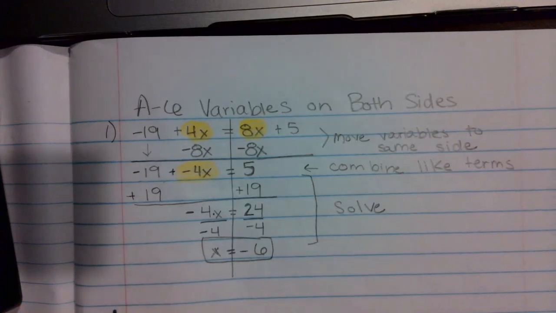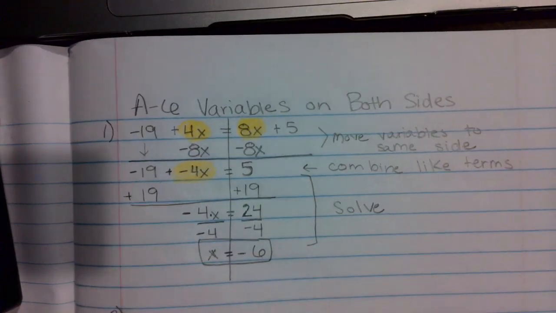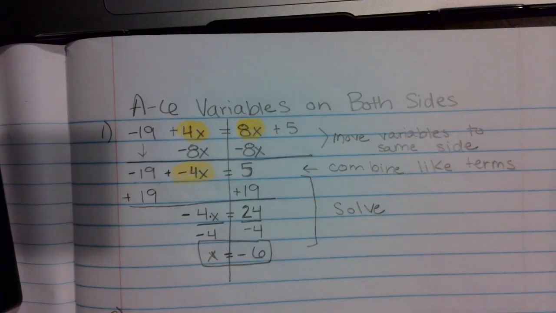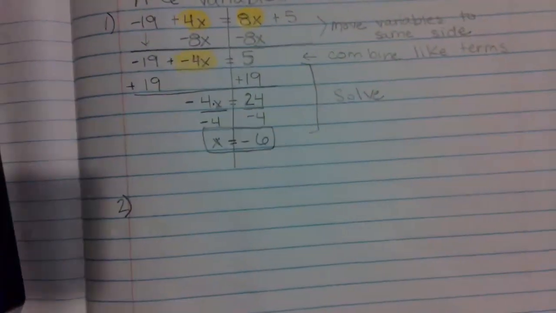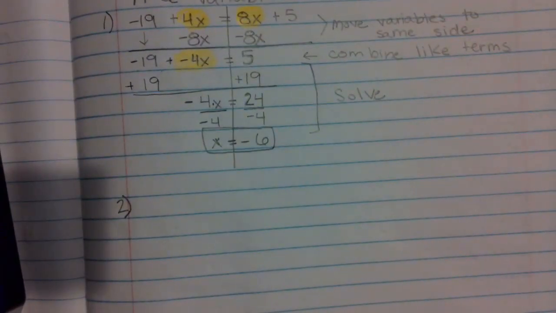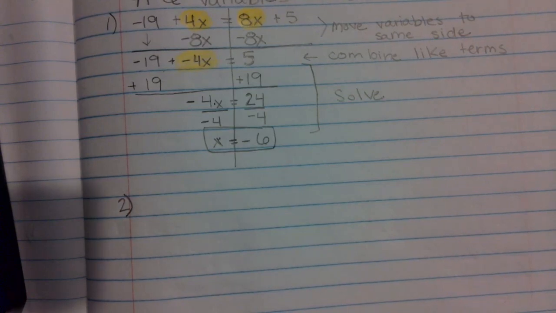Okay, last problem here, number 2. Just 2 examples today. This one's going to be a little bit longer though. By a little bit, I mean kind of a lot longer, I guess.